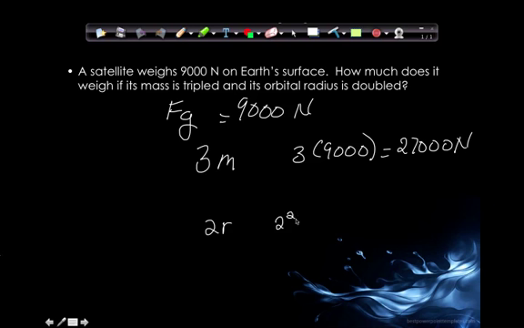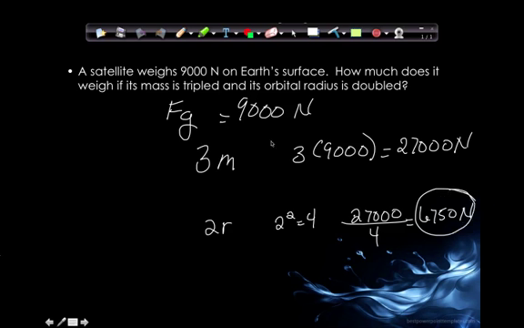So I actually have to square this number and get 4. My force of gravity should decrease by a factor of 4. So I'm going to take 27,000 and divide it by 4, and I should get 6,750. This is my new force of gravity.